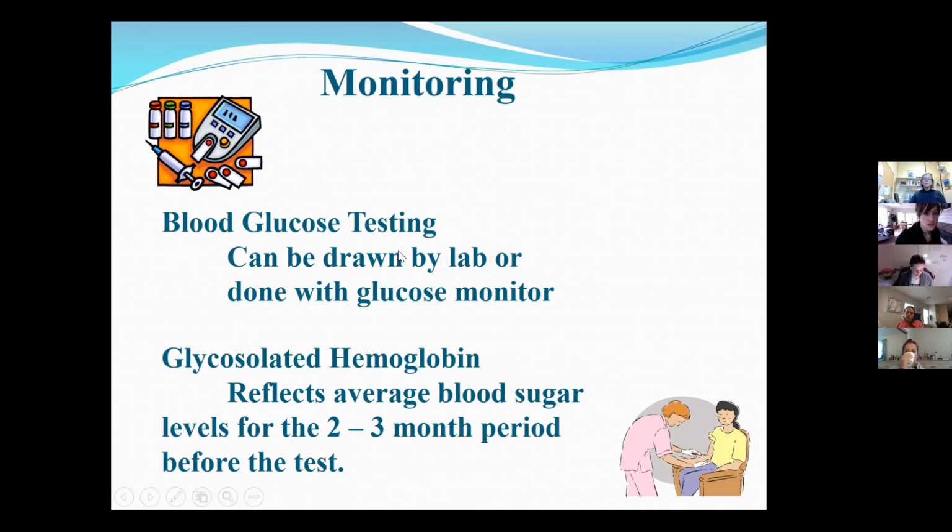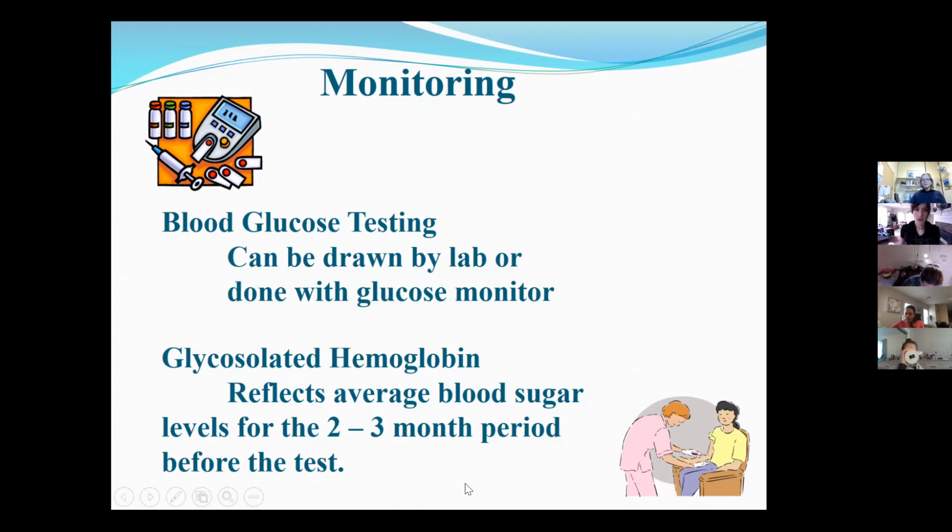That blood glucose testing, however, really only gives us a snapshot in time. It tells us what their blood glucose is right then and there. Glycosylated hemoglobin is the hemoglobin A1C that I mentioned earlier.